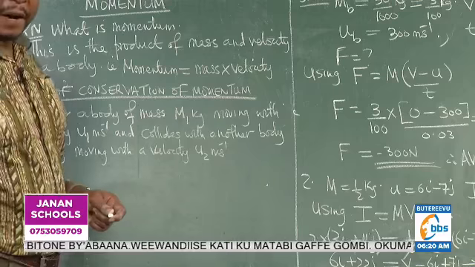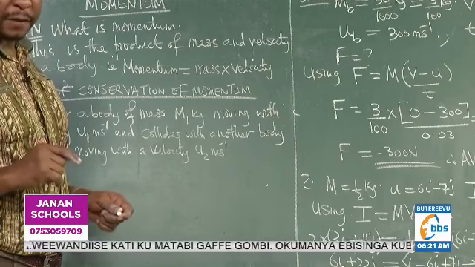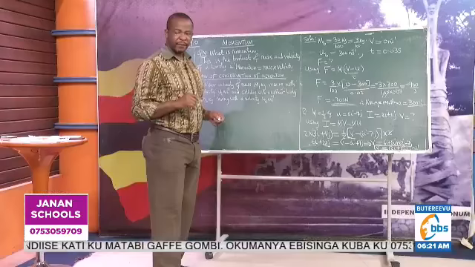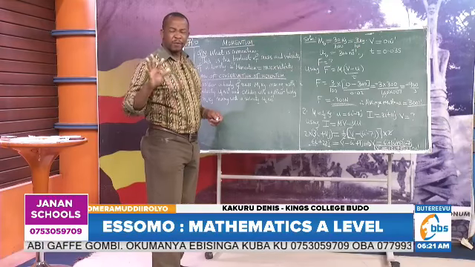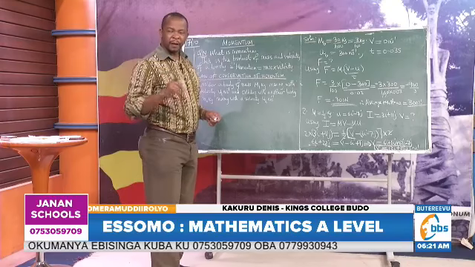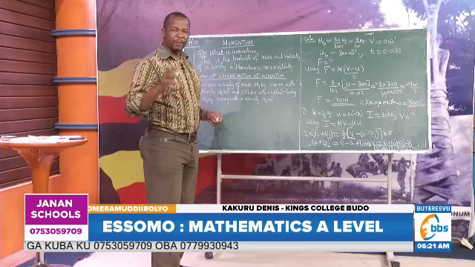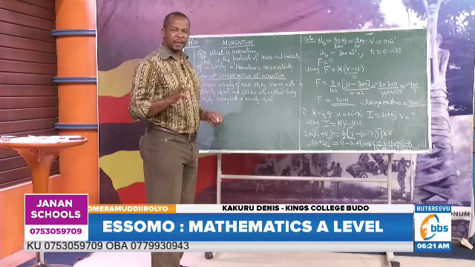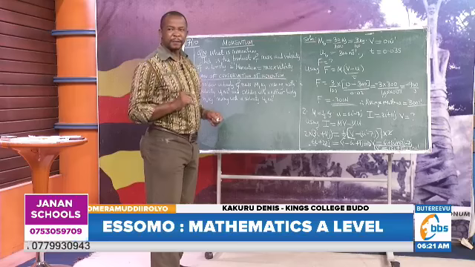If they separate after collision, they will move with different velocities. And these types of collision are different. Where they move with a common velocity, we say that the collision is inelastic. And where they move with different velocities and separately, we say that the collision is elastic.